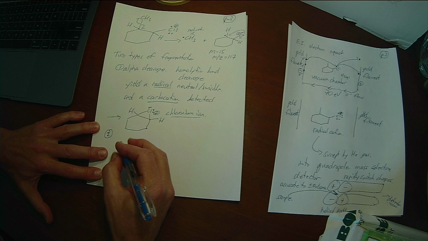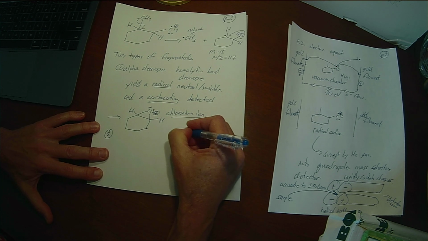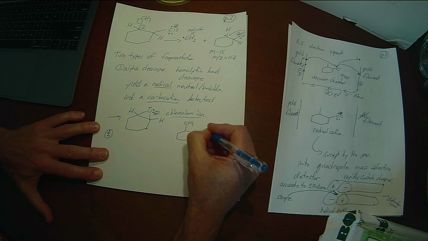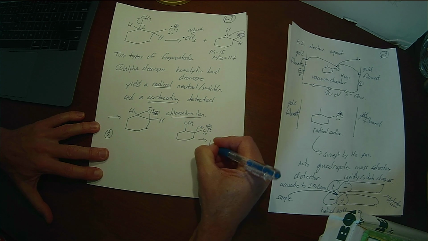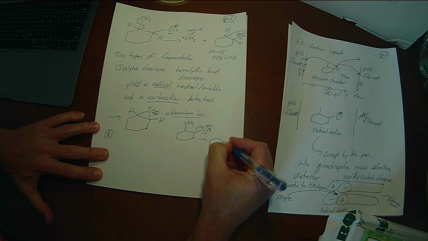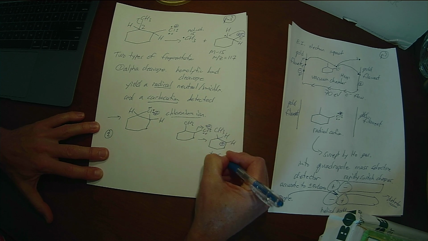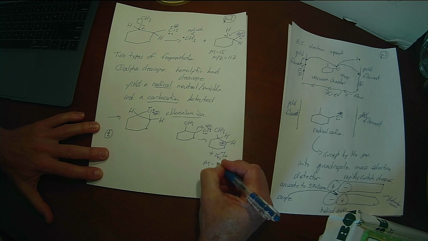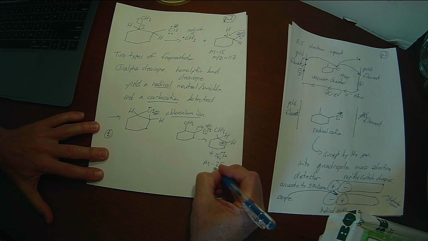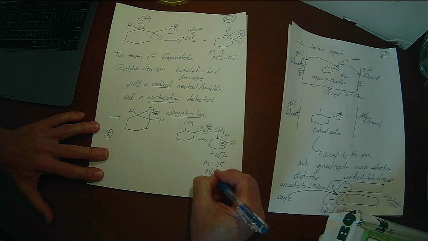So in that case, with the loss of chlorine, you'd be looking at the chlorine taking both of these electrons with it to leave a carbocation that looks like this, and a chlorine radical. And you'd see that as M-35 for loss of chlorine, right? So that's the peak that you would expect to see at M over Z 97.